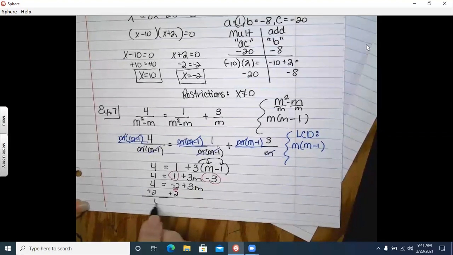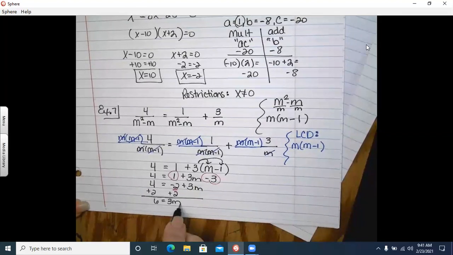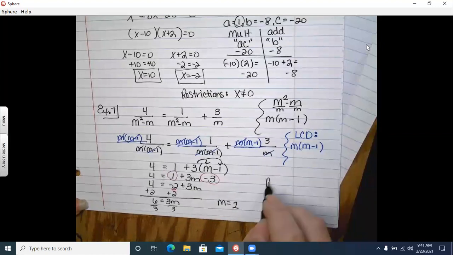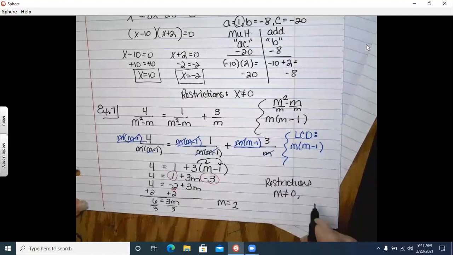Six equals 3m, divided by what? 3. And m equals 2. Well, what are my restrictions? M cannot equal 0 and what else?